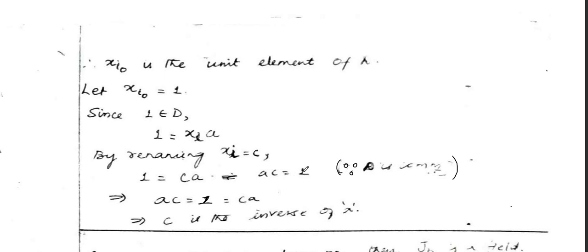That gives ac is also 1, ca is also 1 because D is commutative. So from these two, that shows that c has an inverse. So two things that we have established: existence of the unit element and existence of the inverse also.